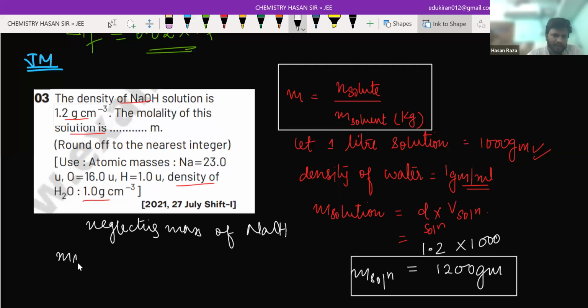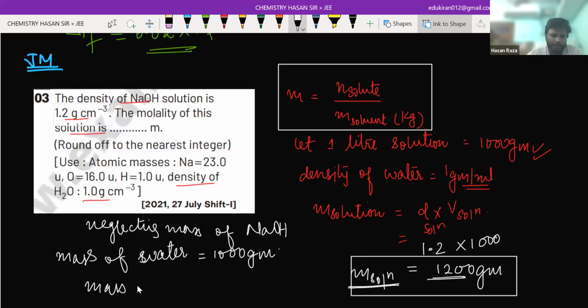mass of water, that means mass of solvent, will be equal to 1000 gram. And here you can see mass of solution we have calculated is 1200 gram. Just wait a minute, we need to calculate mass of NaOH.